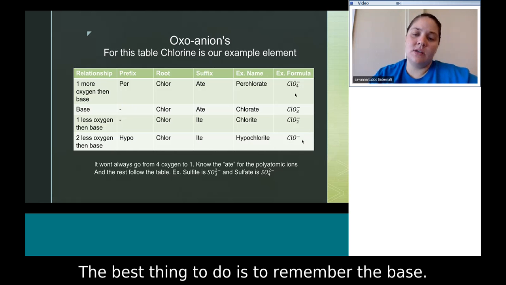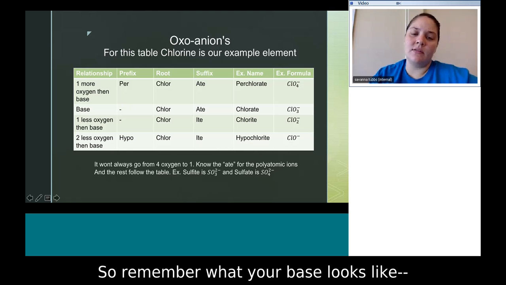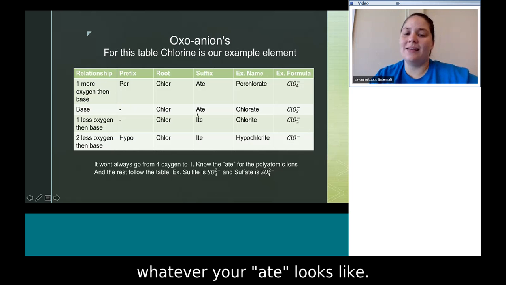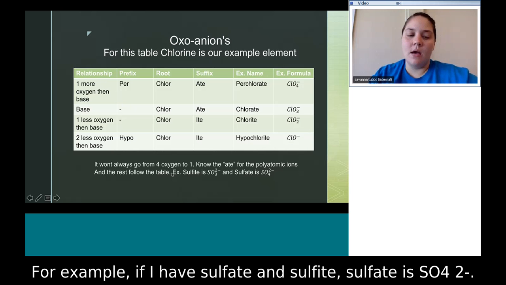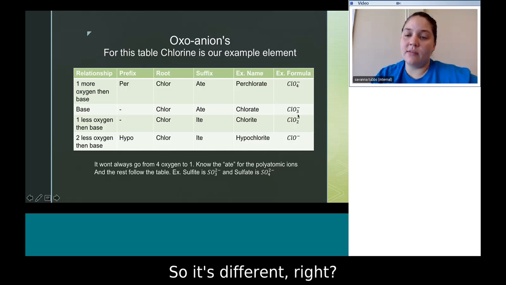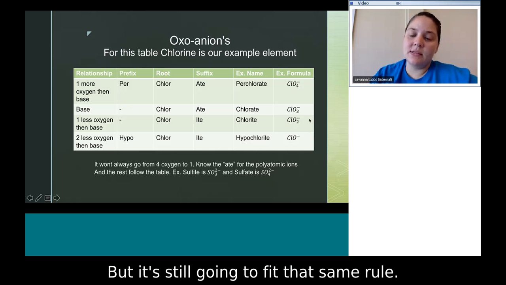The best thing to do is to remember the base. So remember what your base looks like, whatever your ate looks like. For example, if I have sulfate and sulfite, sulfate is SO4 2-. So it's different, right? But it's still going to fit that same rule.